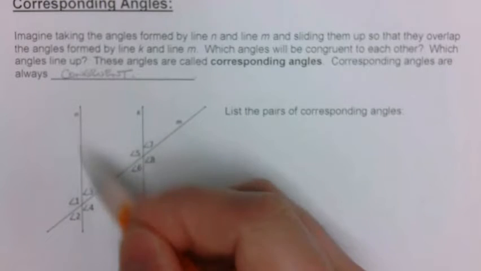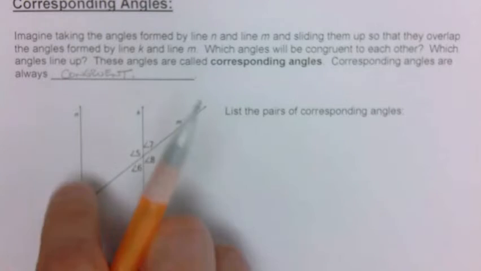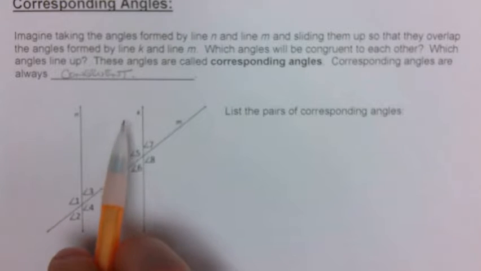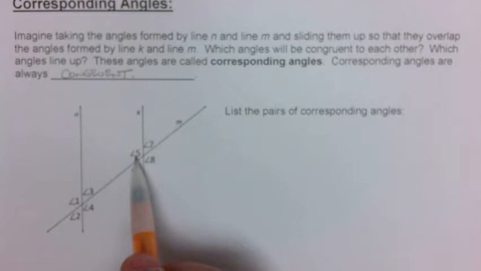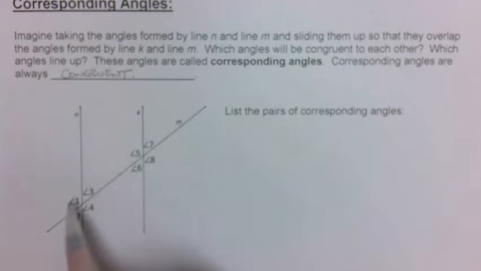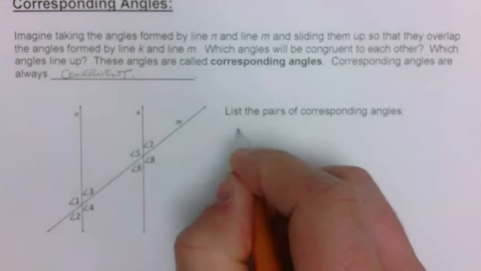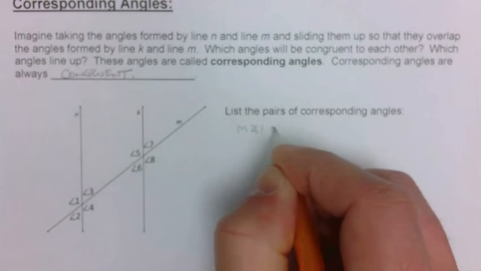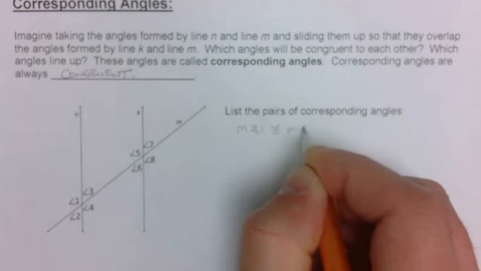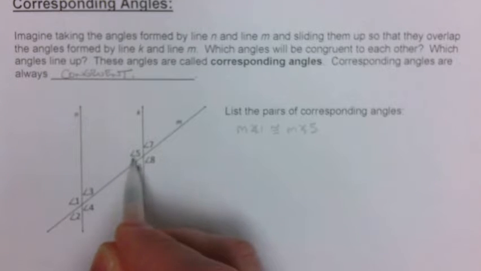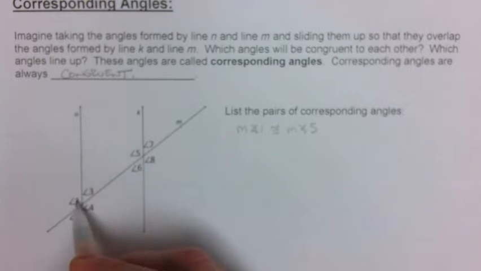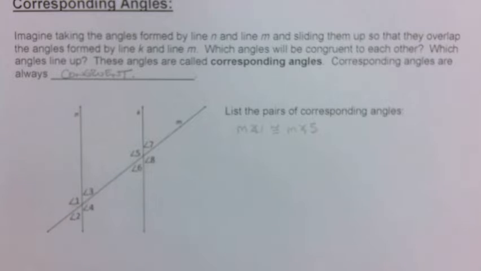Since lines N and K have the same orientation, if I slide line N on top of line K up here, angle 1 would land on top of angle 5, and those two angles would have the exact same measurement. So the measure of angle 1 is congruent to the measure of angle 5. They're in the same location, just on different parallel lines, so they are called corresponding angles.